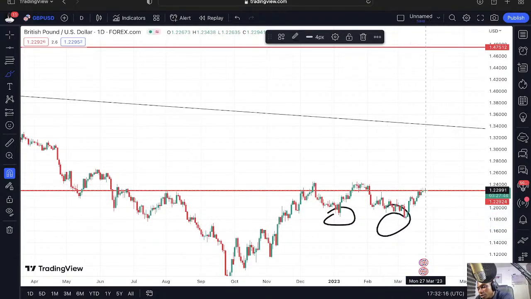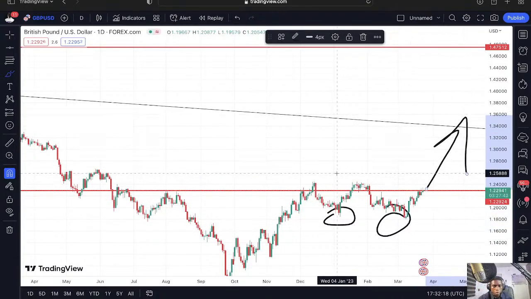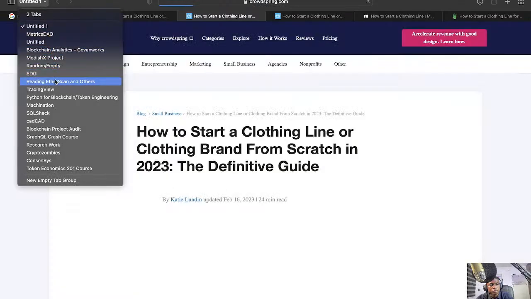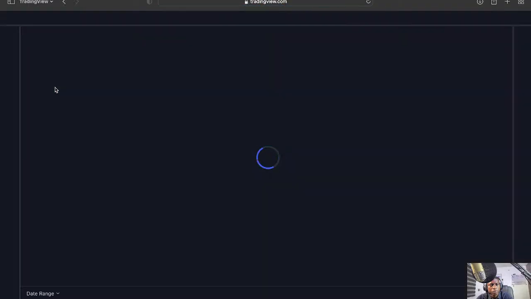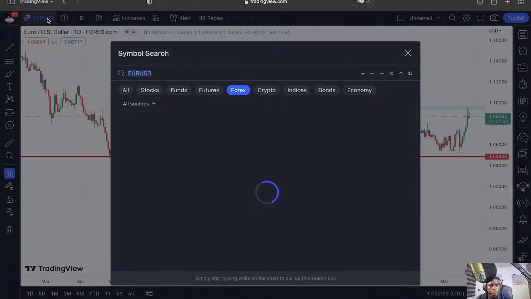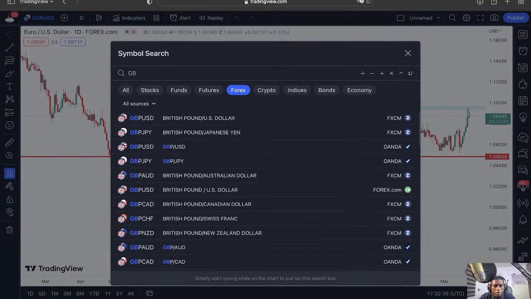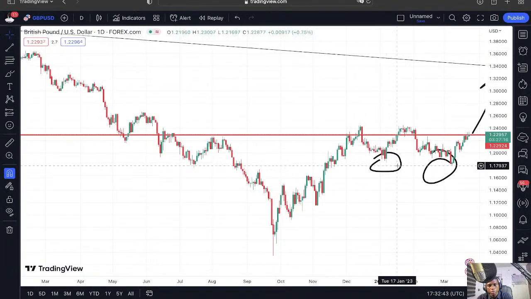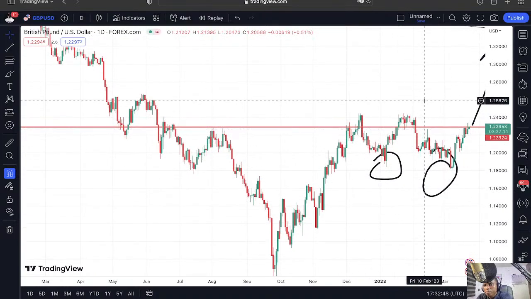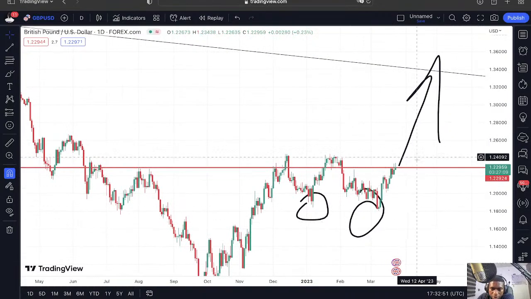And double bottom indicates that what? Price goes up. And that's basically what we are anticipating here.